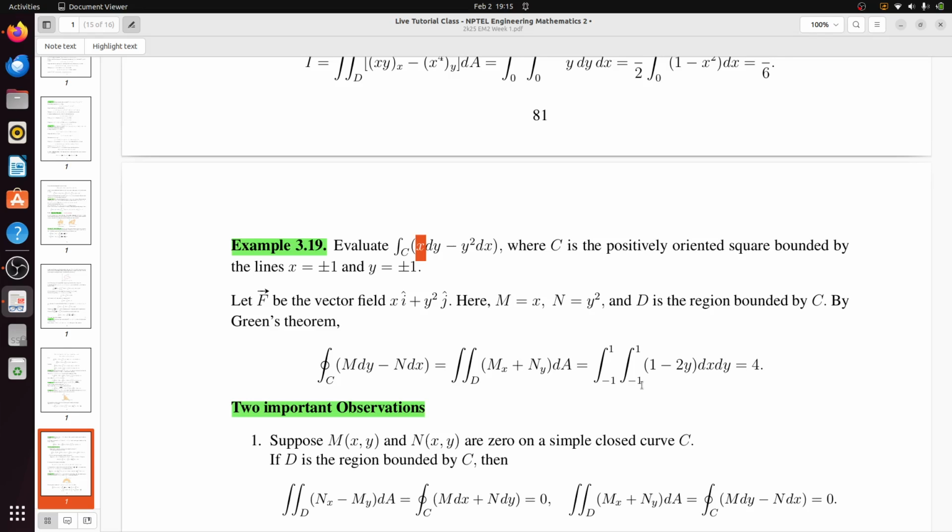Since you have integration c is x dy minus y square dx, what is your m?